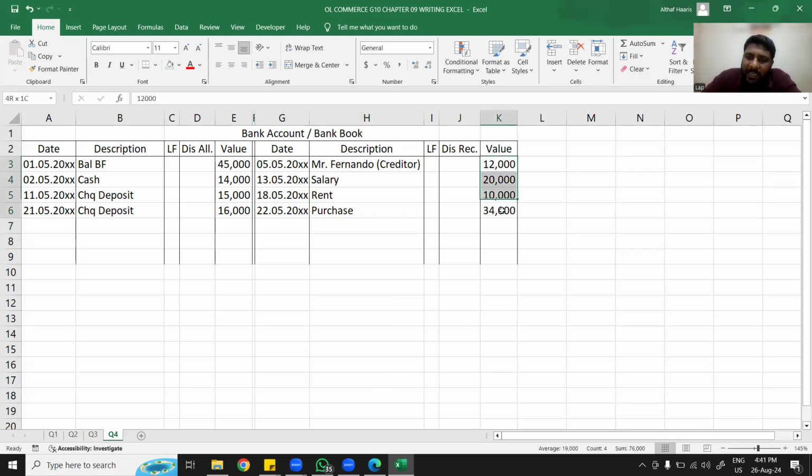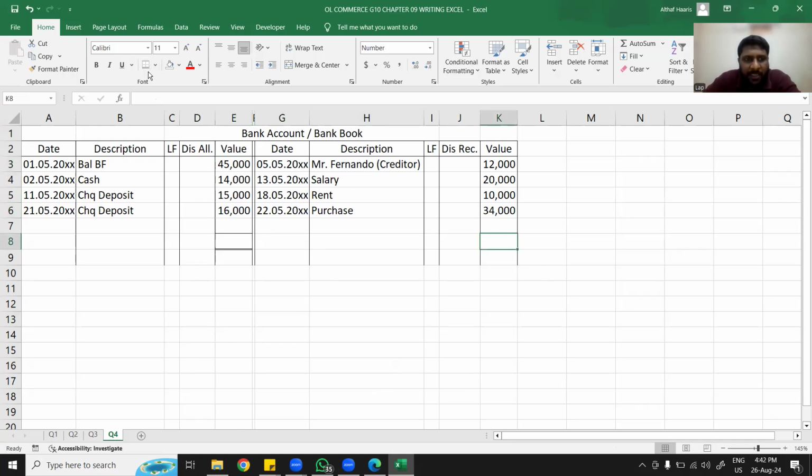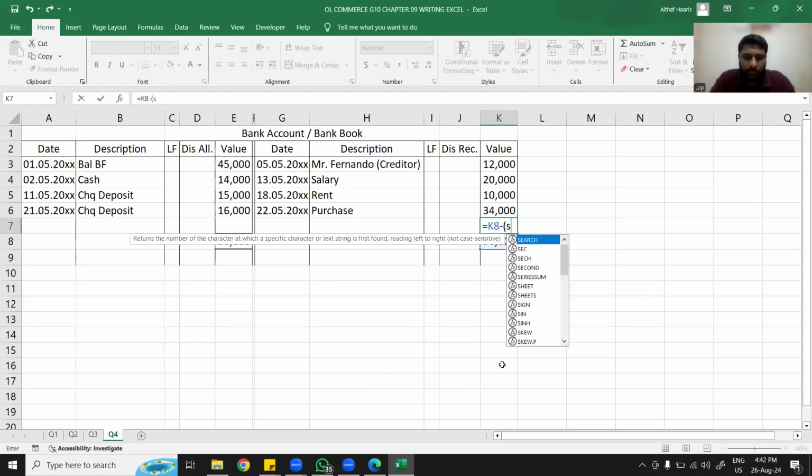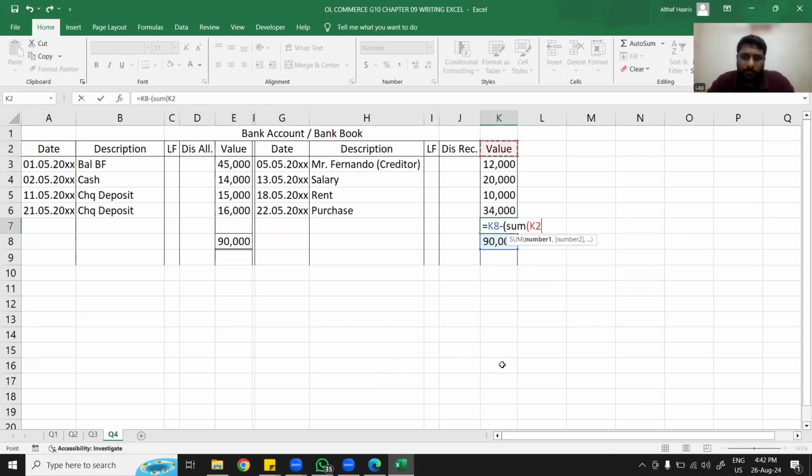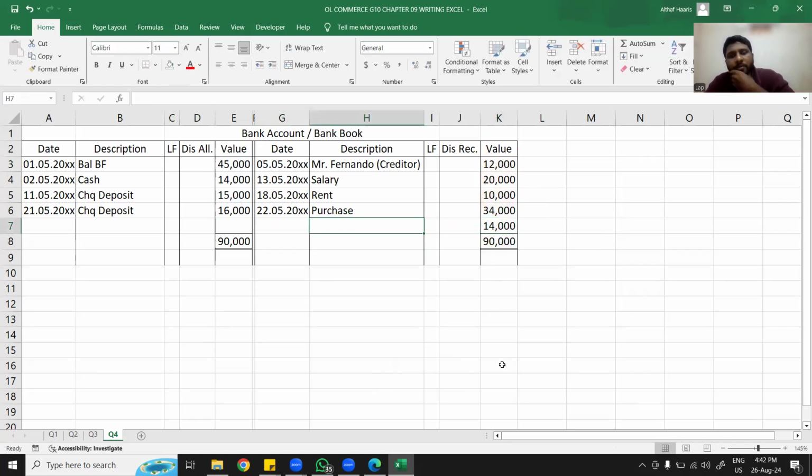So you see people, which side is bigger? Credit side, you have 76,000. Debit side, you have 90,000. So the debit side is bigger. The balance is 14,000.